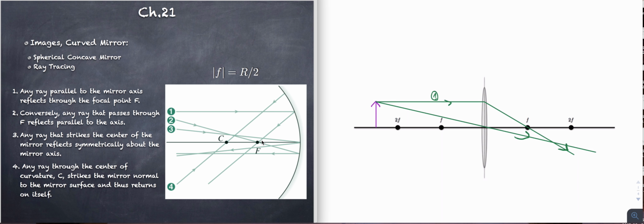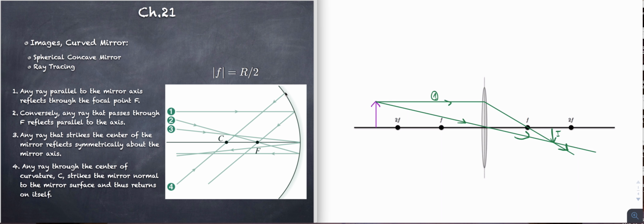Here it would reflect symmetrically about the center of the axis. For the lens, it moves through the lens undeflected. Nothing happens. So that's the modification, and we already can see where our image would be forming, over here. And so that would be your image forming.